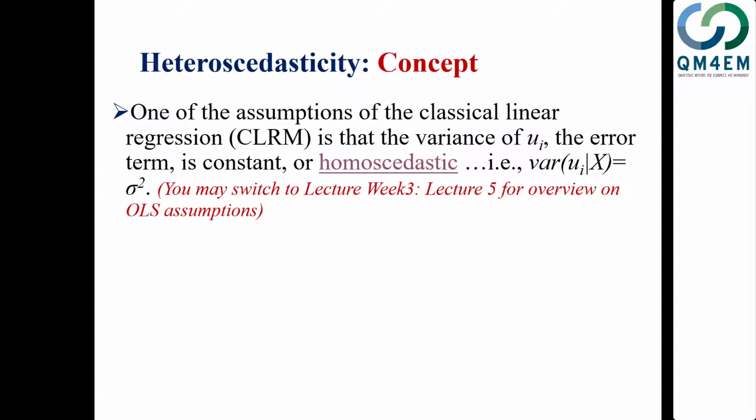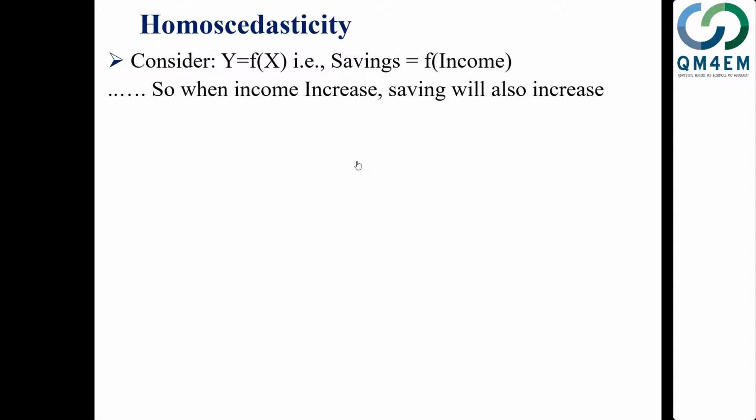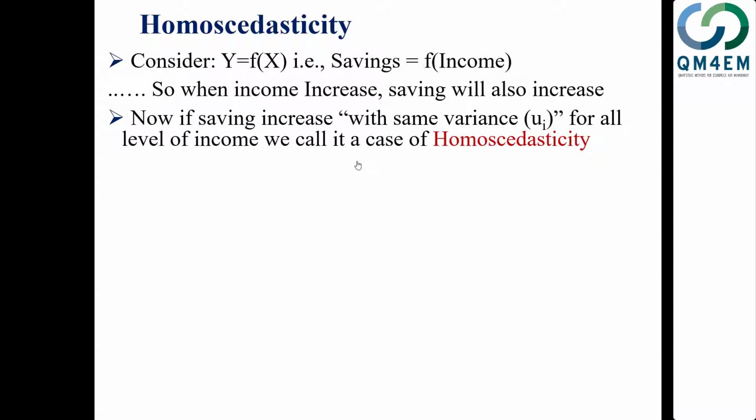So let me highlight how the homoscedasticity assumption works in particular. I will start with an example of 2 variables, y and x, where y is the dependent variable and x is the independent variable. I am considering the variables income and saving, with saving being a function of income. In general, we would expect that when income increases, saving will also increase. That's general behavior.